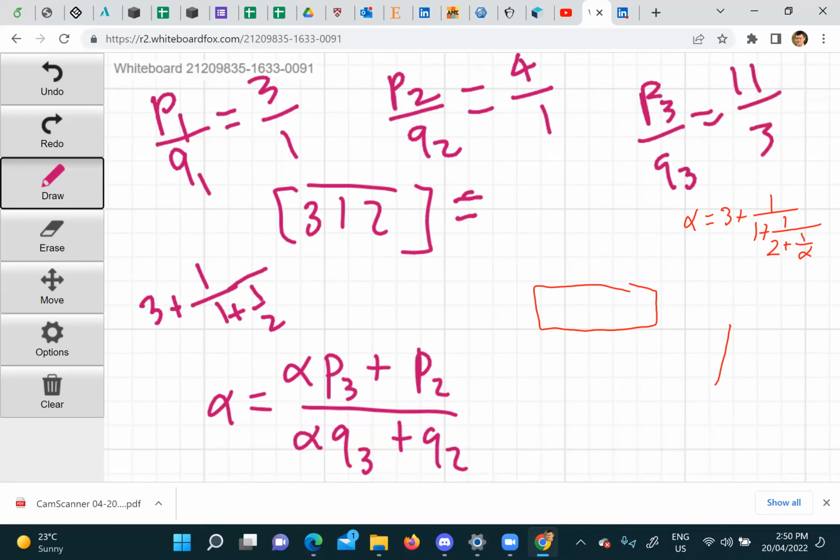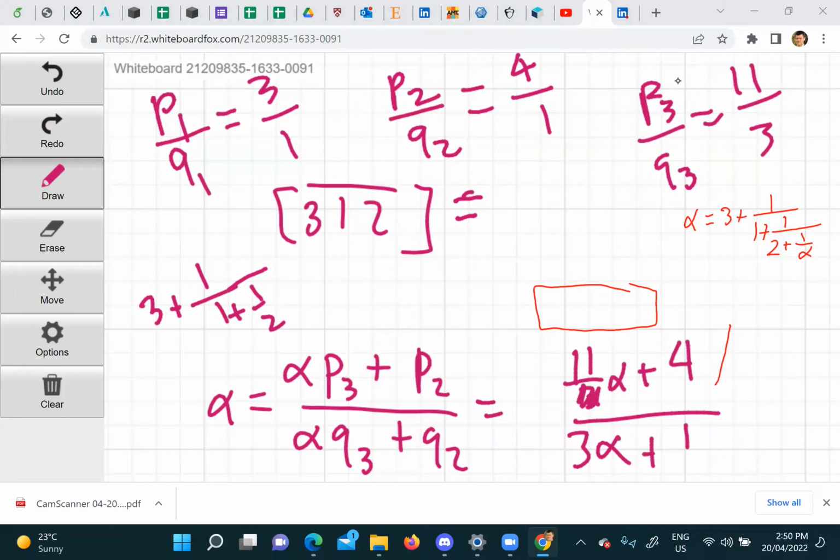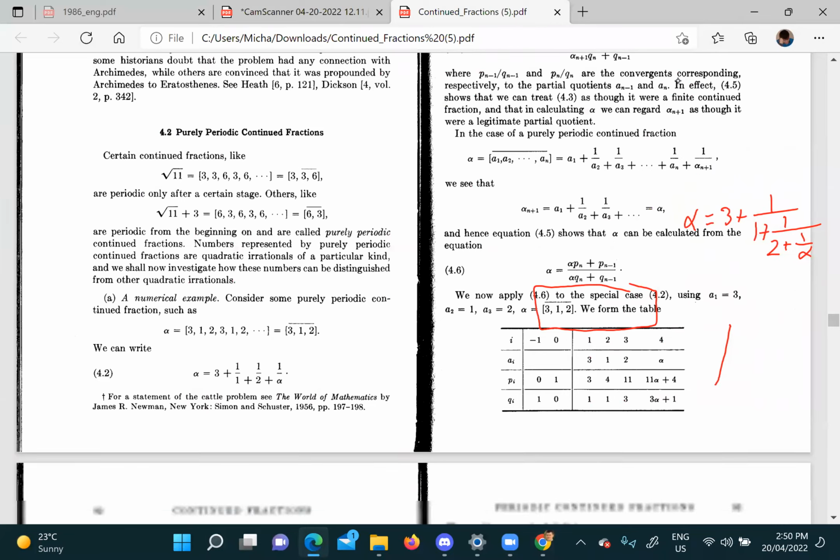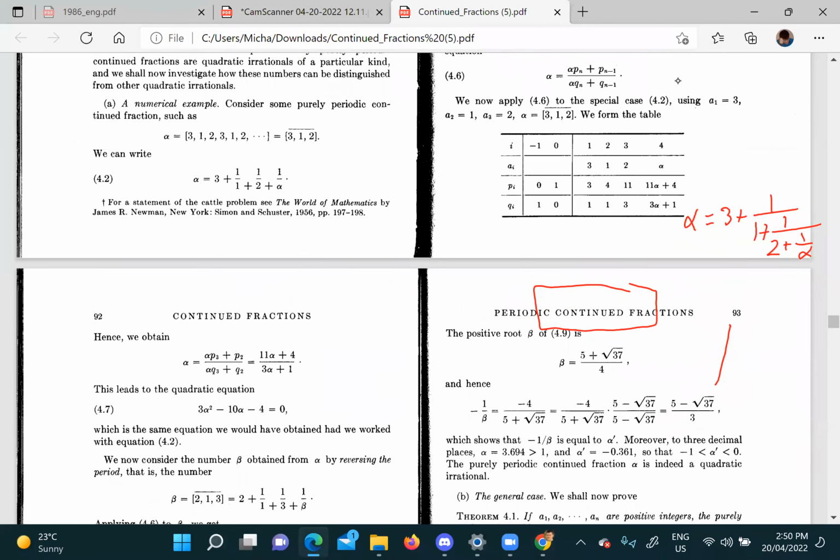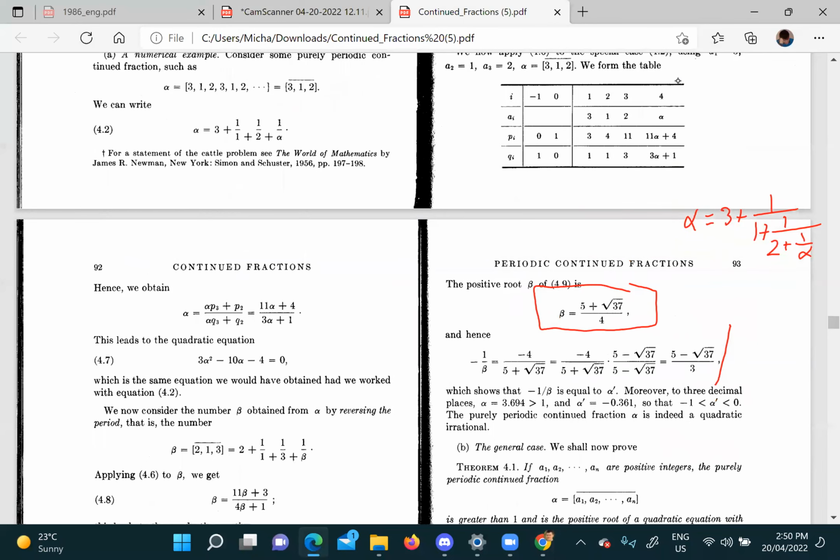So then this is equal to (11 alpha plus 4) on (3 alpha plus 1). Actually, I think this is probably what the book says as well. We skipped the table confusion.